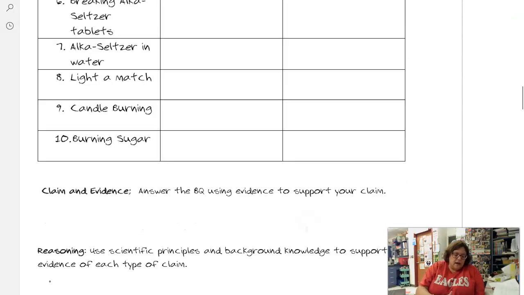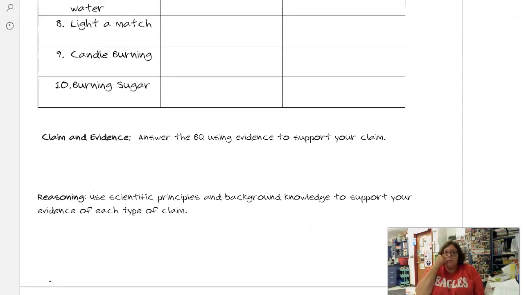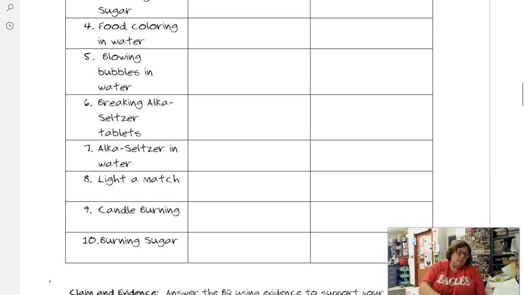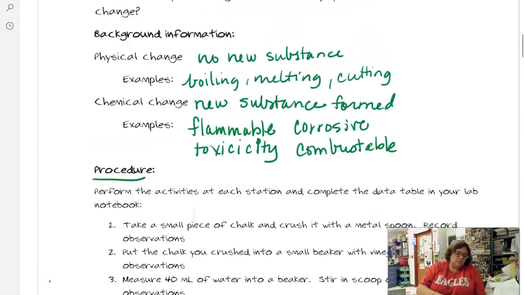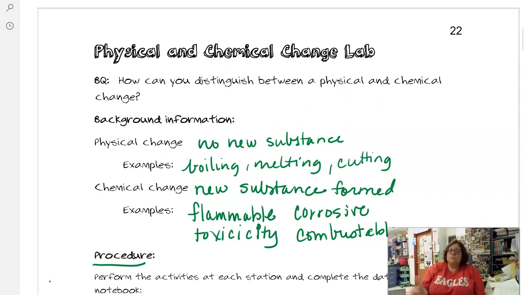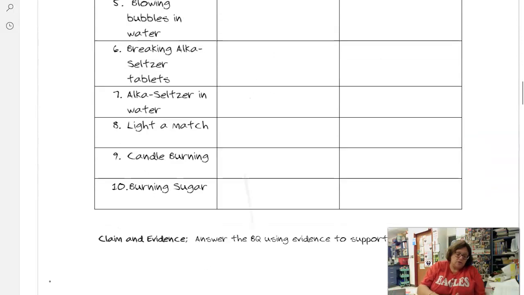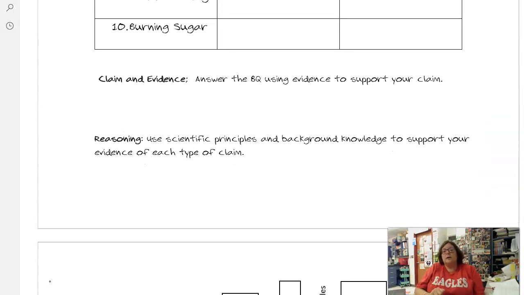So you're going to fill that out. Then I want you to think about your beginning question. The beginning question was, how can you distinguish between a physical and chemical change? And you're going to write me an answer about that. How can you tell if it's a physical change or a chemical change? And then you're going to use your evidence. So you might say, melting water is a physical change.